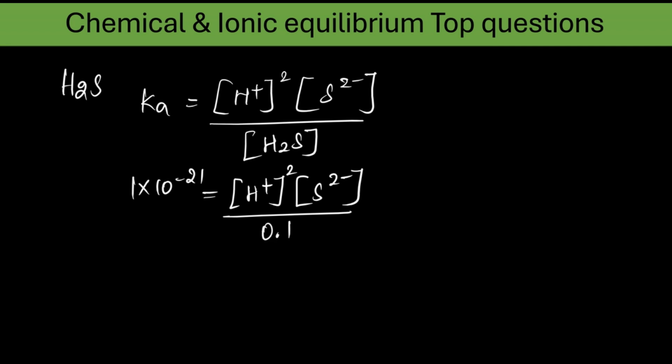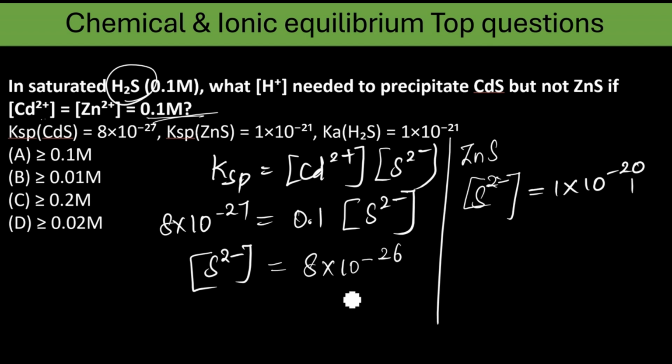For sulfide to precipitate, the S2- concentration must be greater than or equal to 8 into 10 to the power minus 26, because I want that to be precipitated.